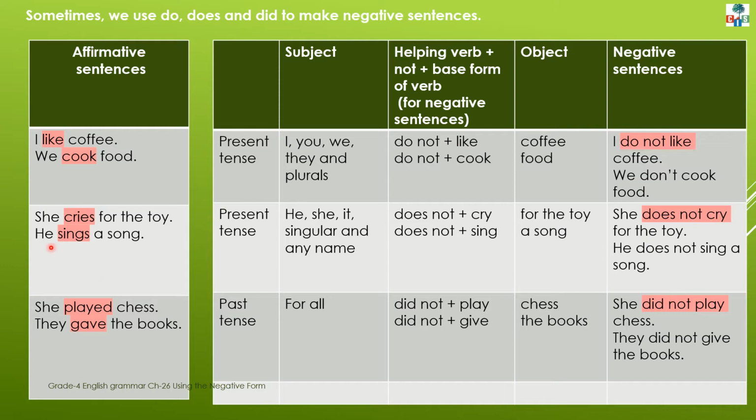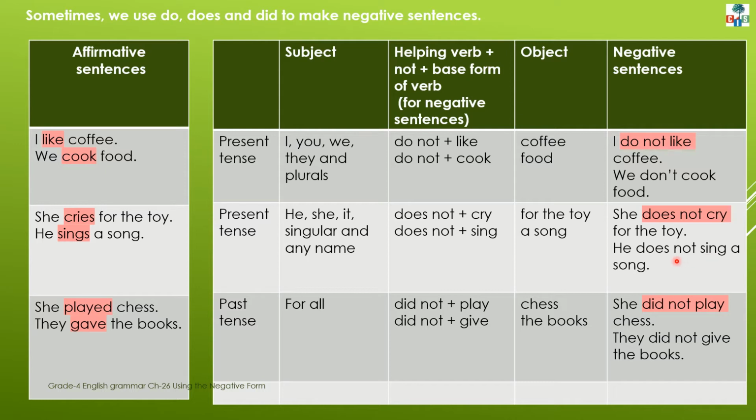See another example. He sings a song. Here also no helping verb is there. So what is the main verb? Sings. And it is in present tense. When I change this affirmative sentence into negative, it would be like this. He does not sing a song. Here also I have used the helping verb does. And your main verb sings will change into the base form sing.